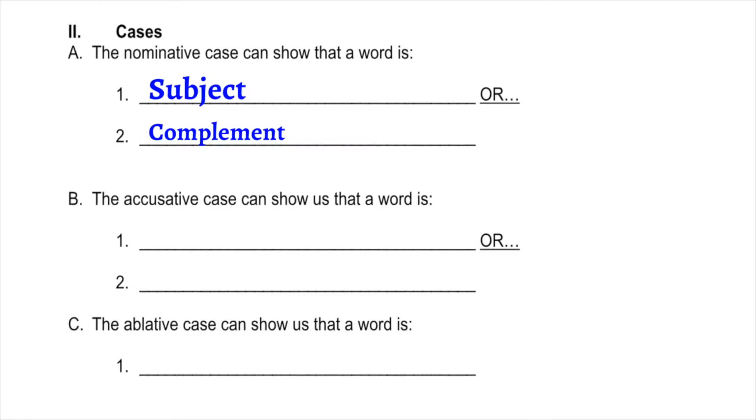That's like in the sentence, Caecilius est laetus. Caecilius and laetus are both in the nominative case, but laetus is complementing Caecilius. So now we have the accusative case, and that can show us that the word is the direct object. So direct object is the word that is receiving the action of the verb.